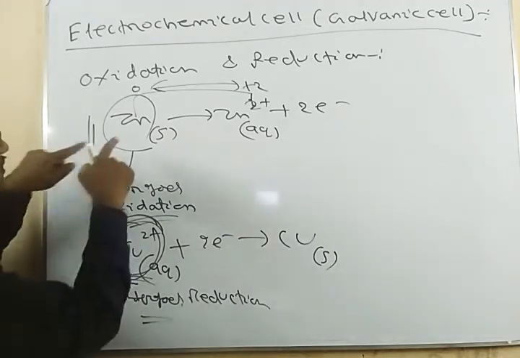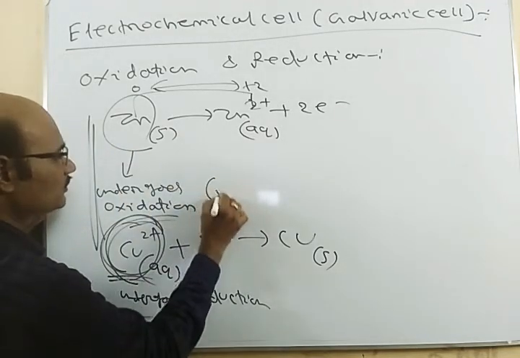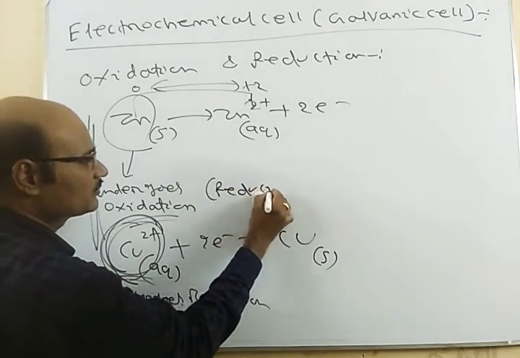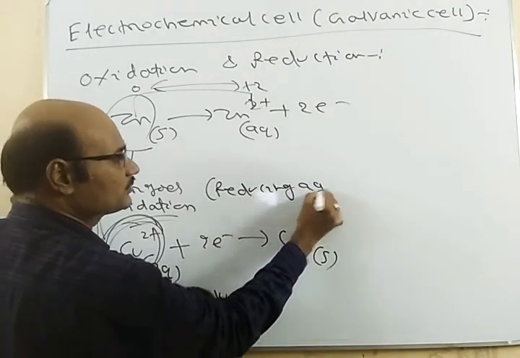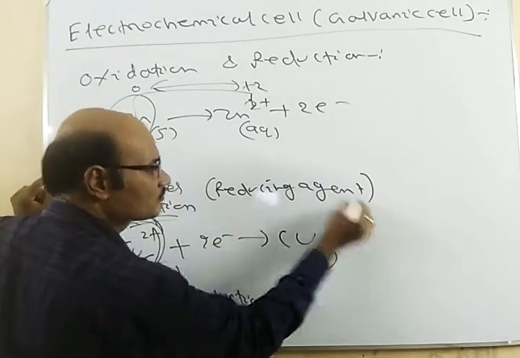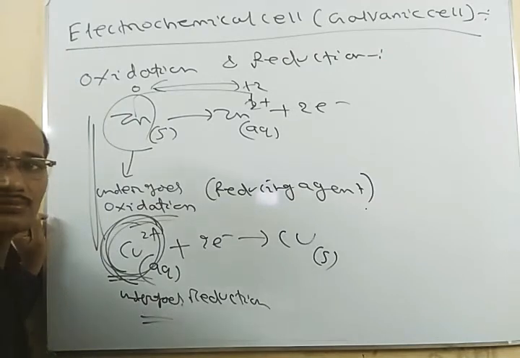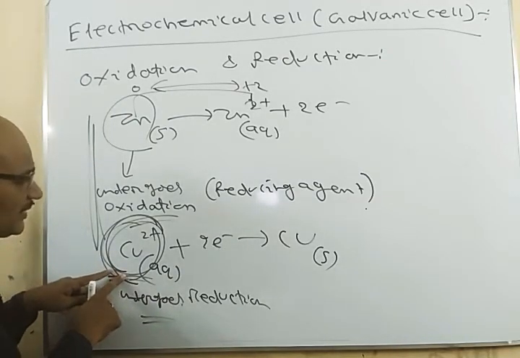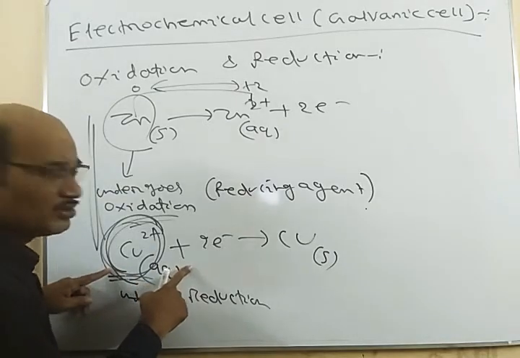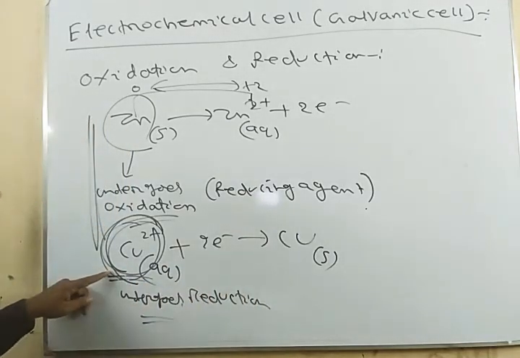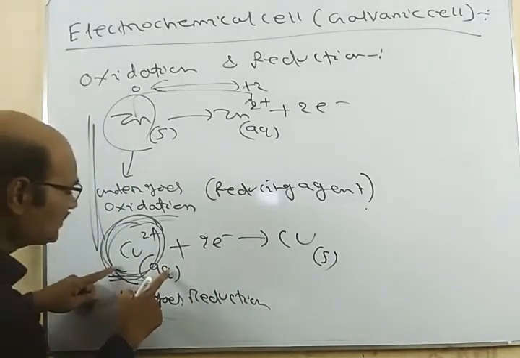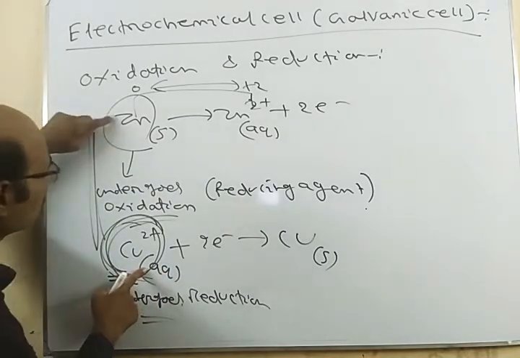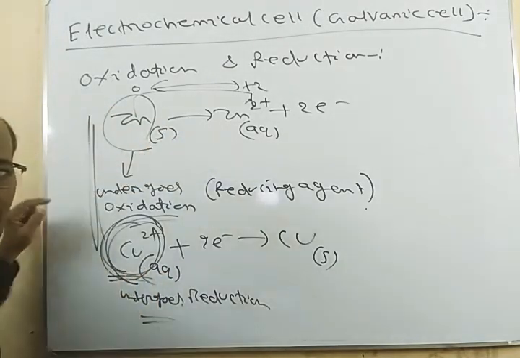So zinc will be the reducing agent. Similarly, Cu2+ is taking electrons and undergoes reduction, and this is done by the zinc. So zinc is the reducing agent.